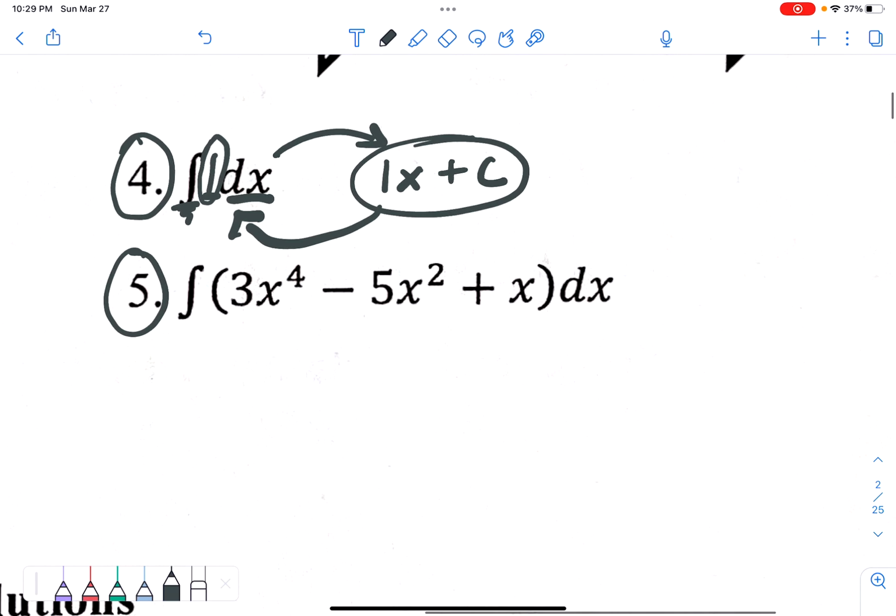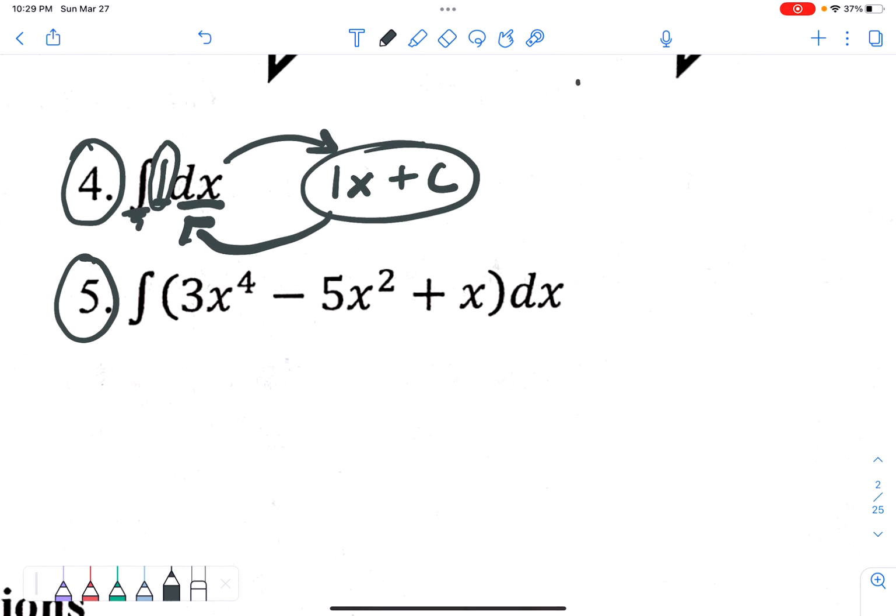Now I'm going to do that using the rule. 1 over n plus 1, x to the n plus 1. The problem here is we don't have an x, but I'm going to alter this thing to say 1x to the 0 power. That's essentially what is going on in here, because if there's no x, it's x to the 0 power. We're going to keep that in mind. What's happening here is we're going to plug that stuff in.